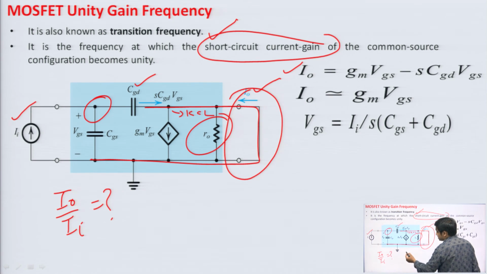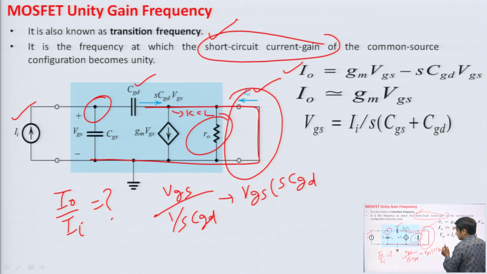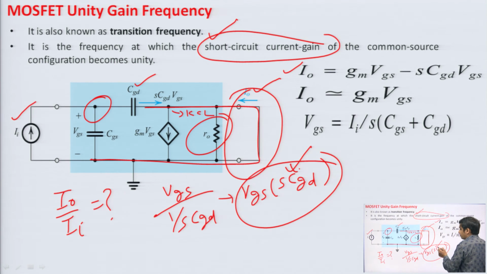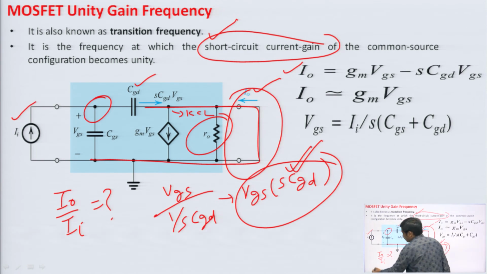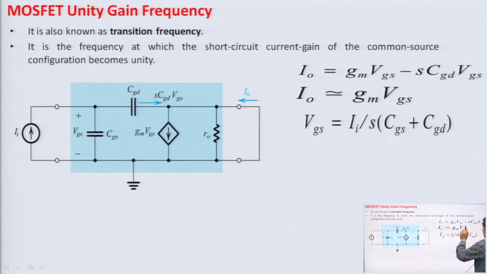So, what will be the current flowing through CGD? The current flowing through CGD will be the voltage upon impedance, that impedance is 1 by SC, where C is CGD. So, it can be written as VGS into S CGD. This is the current flowing through the CGD capacitor. Now, once you understand it, we can neglect this CGD, because CGD is very small.